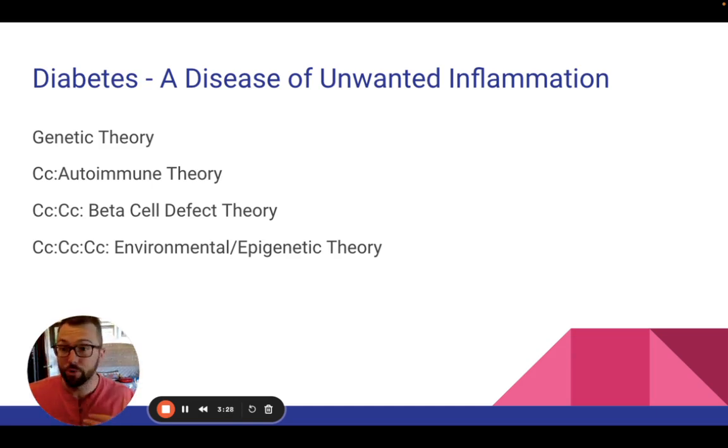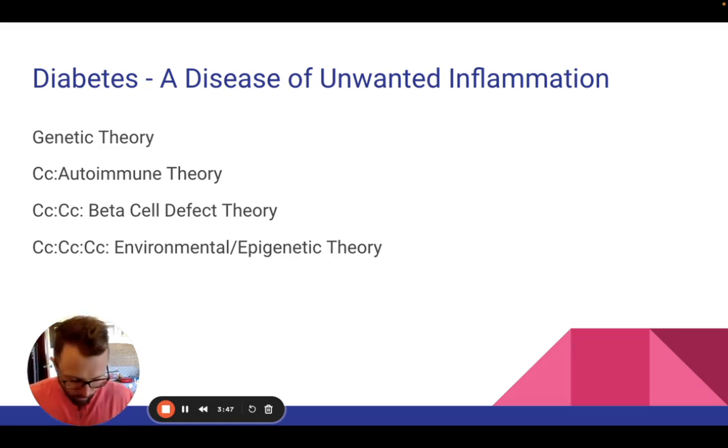And then you introduce kind of the mashup of all three, and you start talking about the environmental and epigenetic theory behind type 1 diabetes, saying that there's a lot more levels to each of the previously assumed theories.